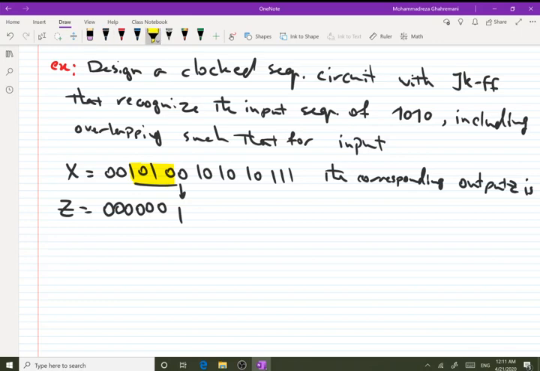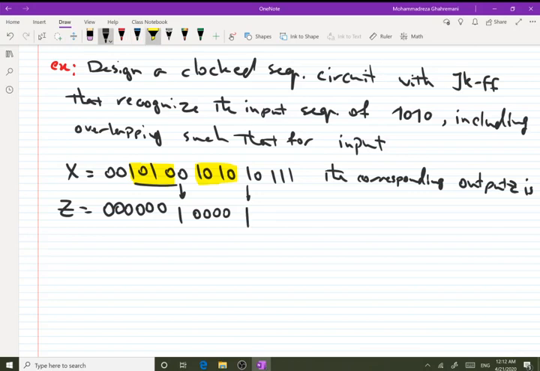Then we continue. The next time that the circuit sees this sequence, it's here. So the output will be 0000, and at this moment the output will be 1.